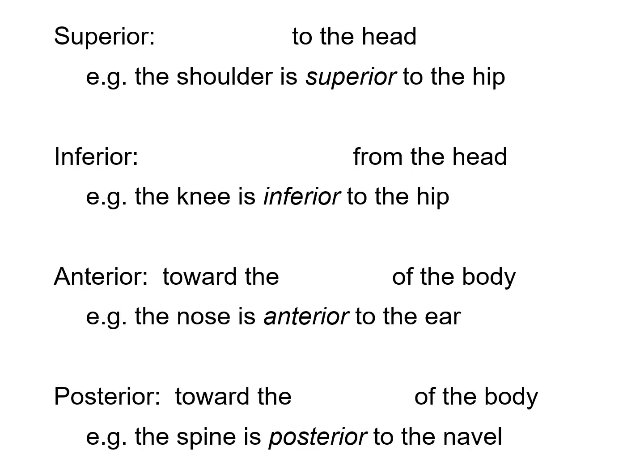We also have some terms that we use for position of certain joints, other segments, limbs, features of the body. We generally say something is superior if it is closer to the head than another object or segment of the body. So the shoulder is superior to the hip.